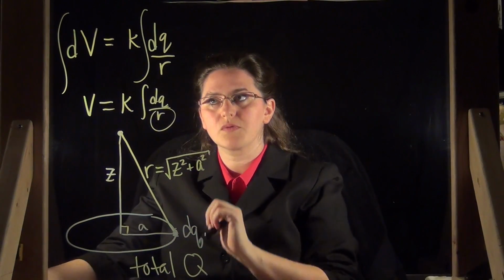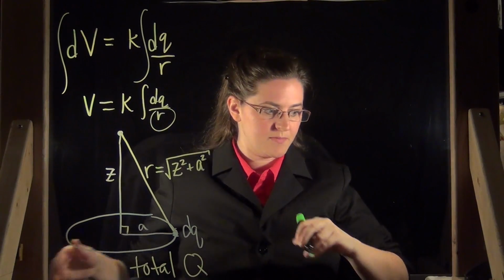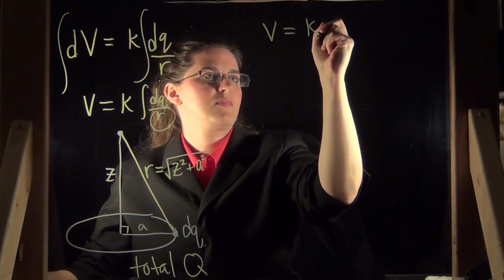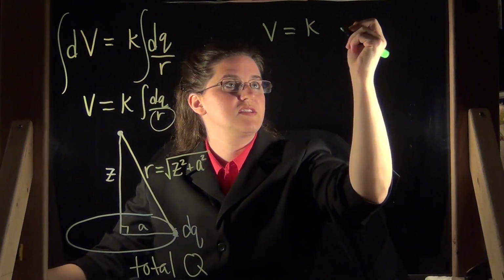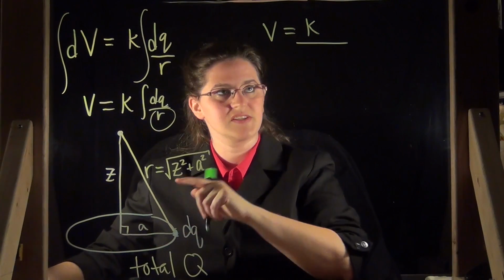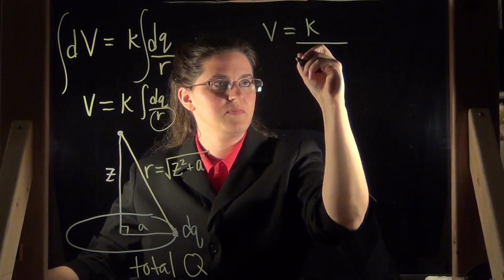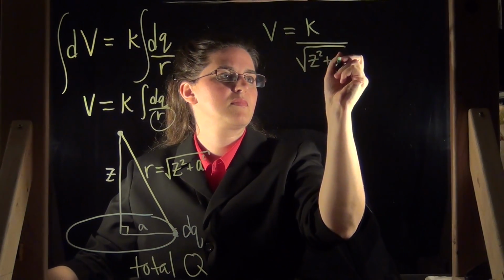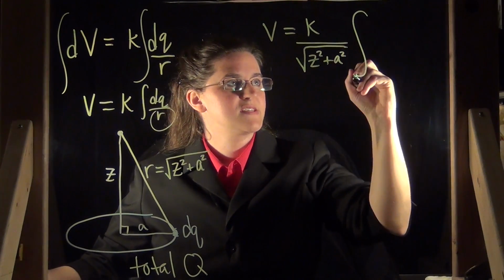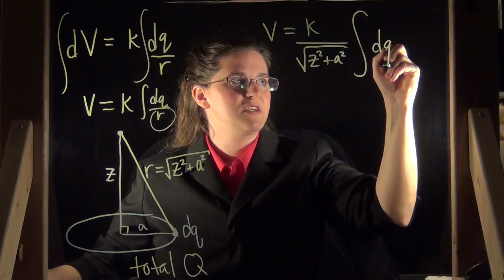All right, so let's plug in what we know into the equation up here. k, and the distance turns out to be a constant. It never changes, this r, so it can come out of the integral. And what's left inside the integral? Well, it's the sum of all of the little dq's.